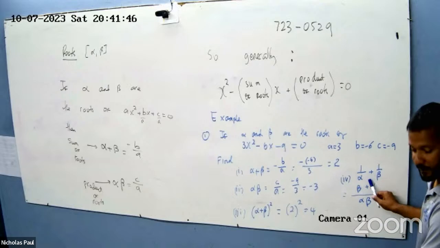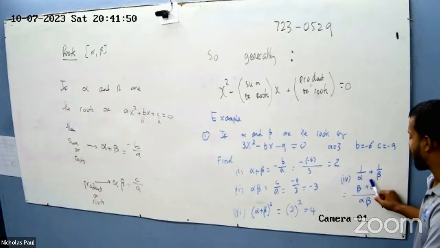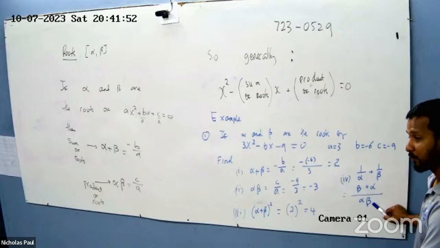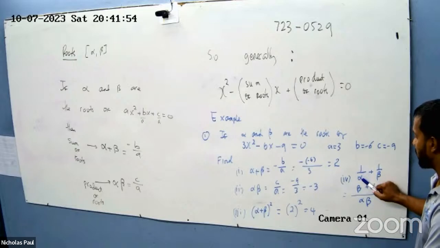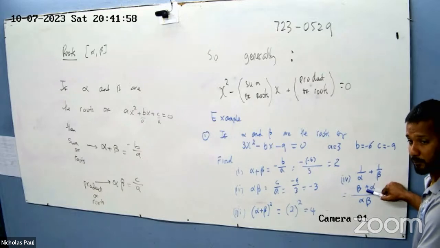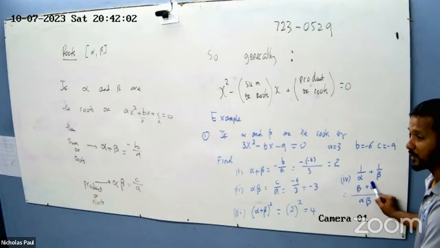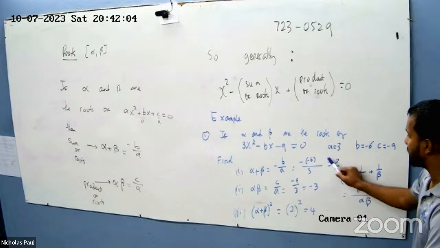So to find the LCM here, all we do is multiply alpha by beta, then beta by 1, alpha by 1, and write down the plus sign. That's okay? And we have a value for this.